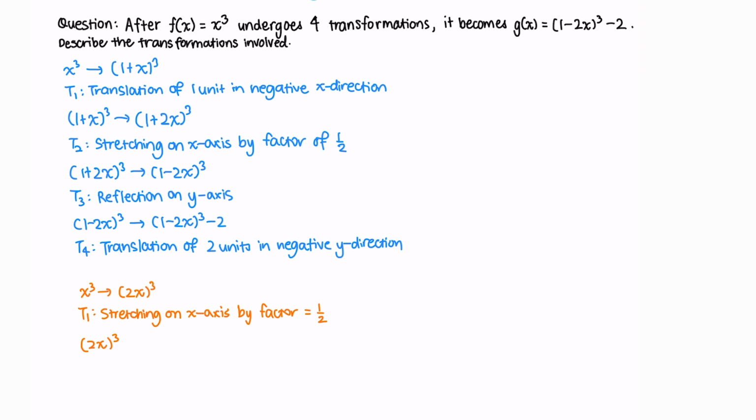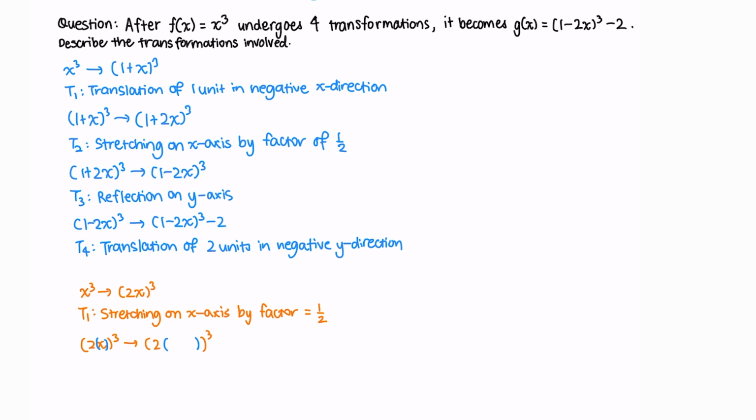Why is this so? Again, when you're doing transformations inside the bracket, you want to replace only the x. If you find it a bit difficult to understand what I mean by replacing only the x, you can put a bracket around the x and just replace that. Okay, so let's actually try this. If you want to get (2x + 1) cubed or (1 + 2x) cubed, the same thing, first you want to put a bracket around the x and we're just replacing what is inside the bracket.